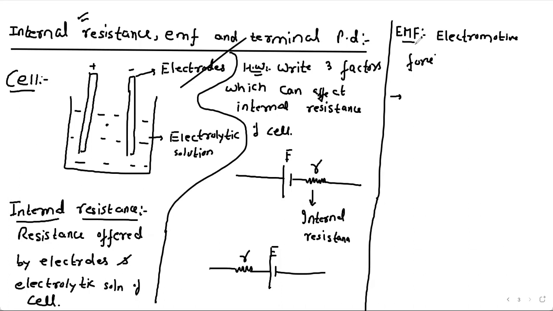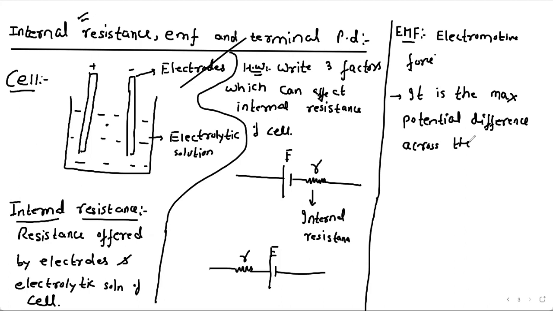So the correct definition of EMF is, it is the maximum potential difference across the terminals of the cell in open circuit.